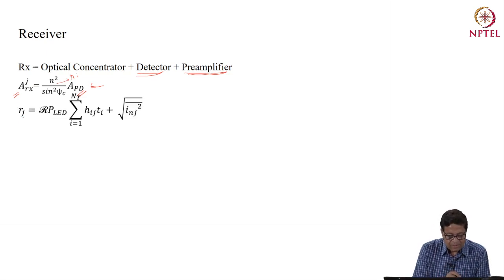So the power received by the jth receiver is responsivity into the power, and this is the channel matrix H_ij into T_i, i equal to 1 to the number of transmitters, plus the noise part, the noise in the jth receiver. So this is the signal part and this is the noise part.